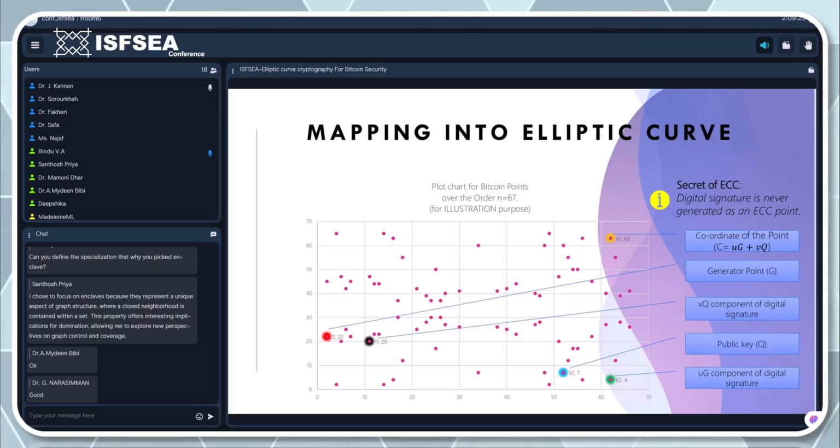And using an example, by taking 67 as the prime field, the points are explained here. The generator point G is given in red hue, that is 2, 22. Then we calculate VW and UW, that is the component of the digital signature. VW is in black hue and UW is in green hue.